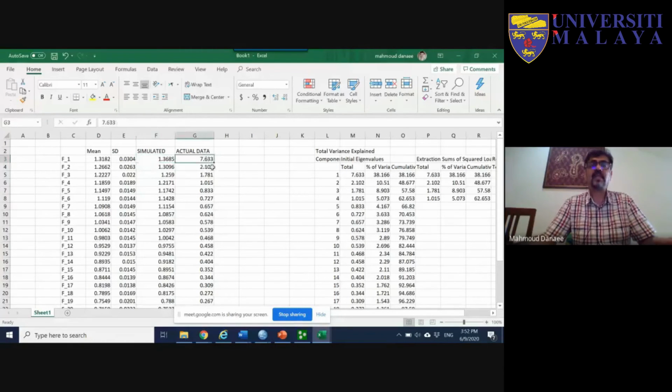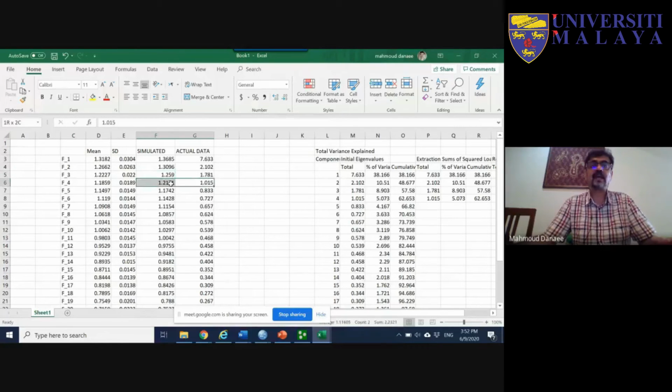So the first component, shall I keep it? Yes. Why? Because this is more than this number. The actual data for the second component is 2.1, while here it's 1.3, so I can keep it. The next component is 1.78, while the simulated data is 1.259, so I can keep component 3.